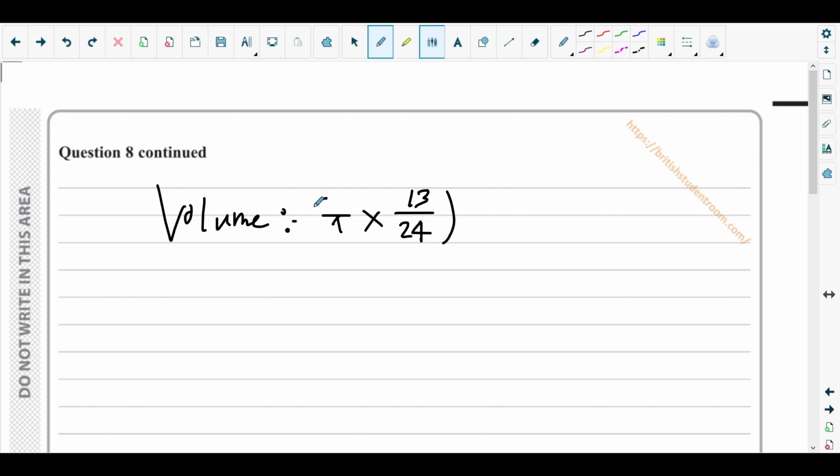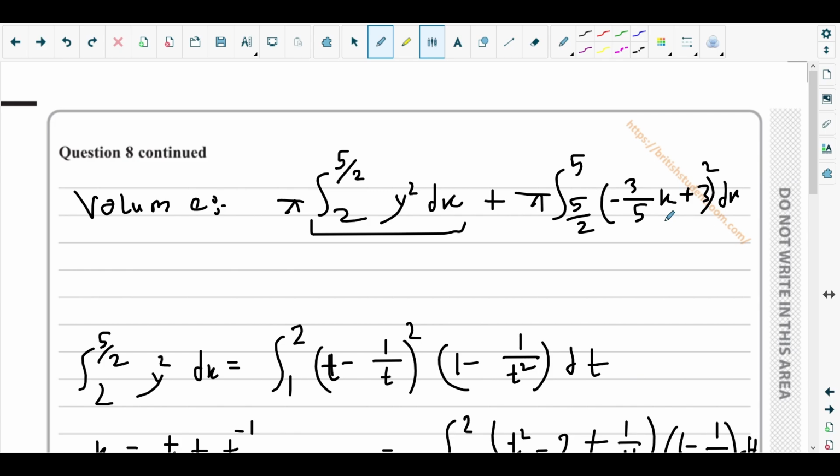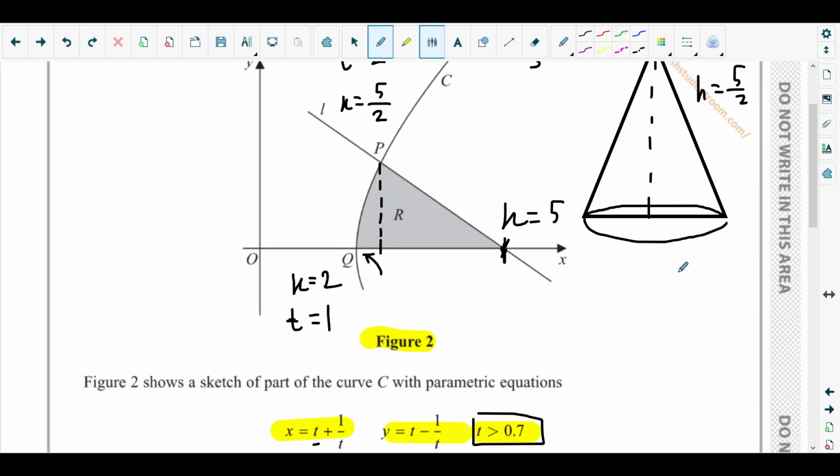This is the volume under the curve, plus 1 over 3 pi r squared h. What is r? Okay, wait, I made a mistake. Height is 5 over 2. That's fine. And the radius is how much? I didn't show you the radius of the base.